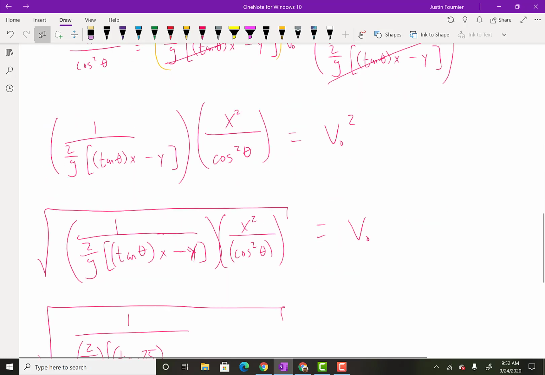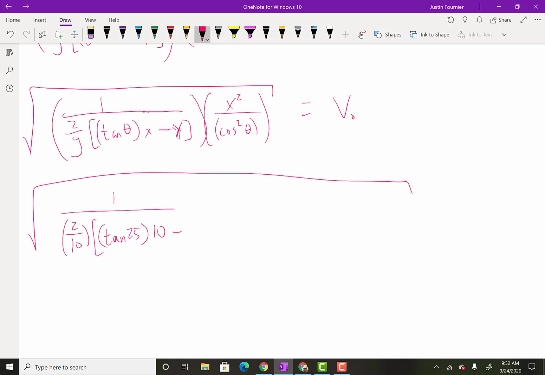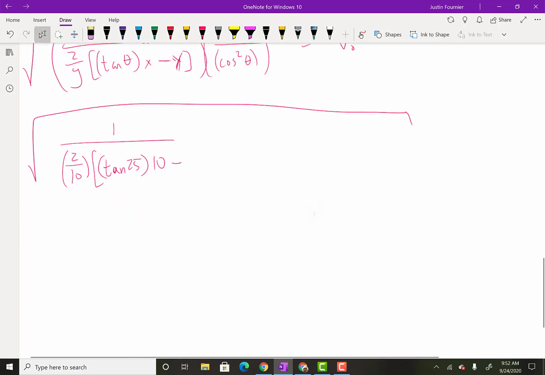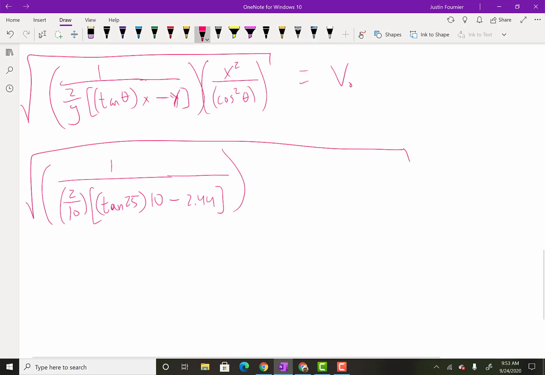So x is 10, minus y, which was 2.44, I think. Yep, 2.44. All right, so there's that part. And then we've got x, which is 10. So 10 squared over cosine squared of theta, which is 25. All right, let's see what this looks like.